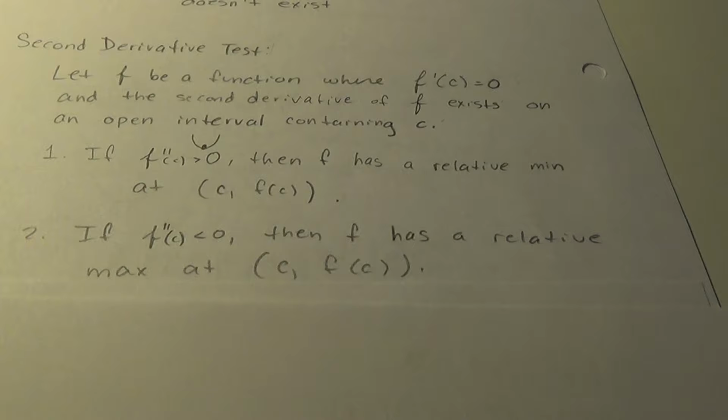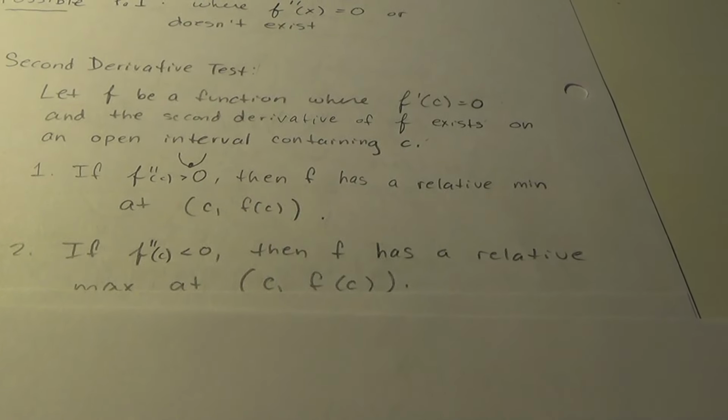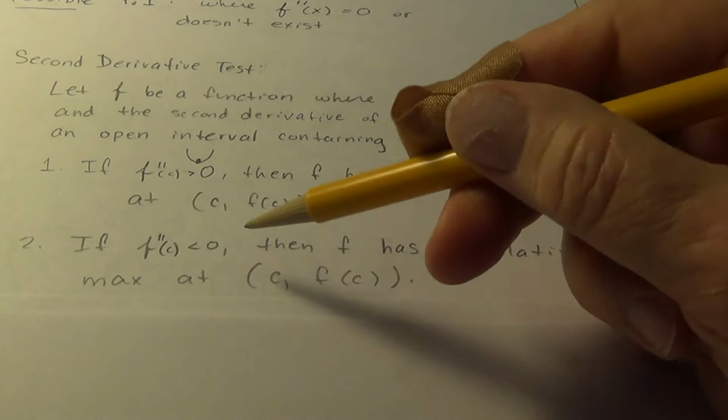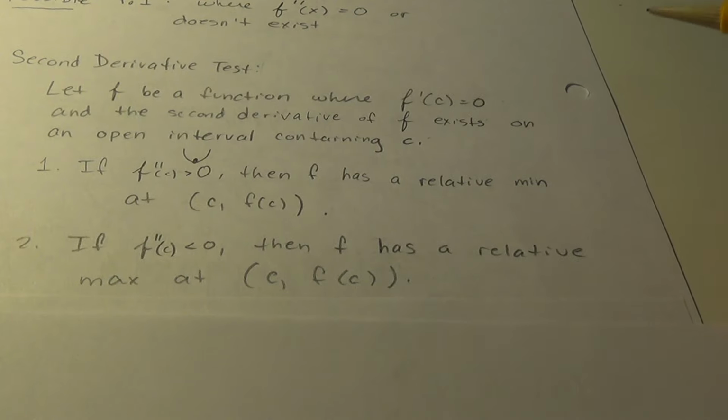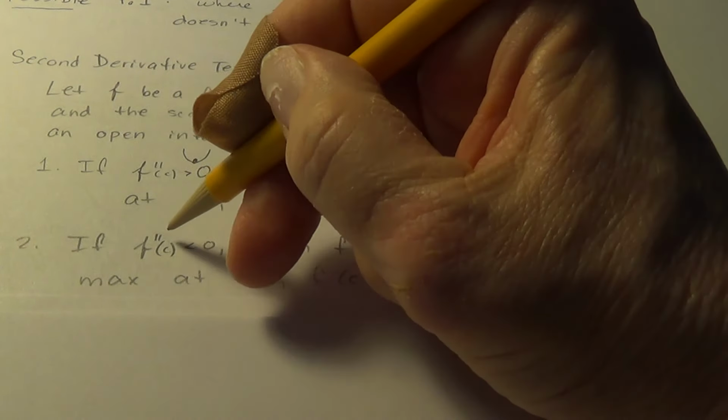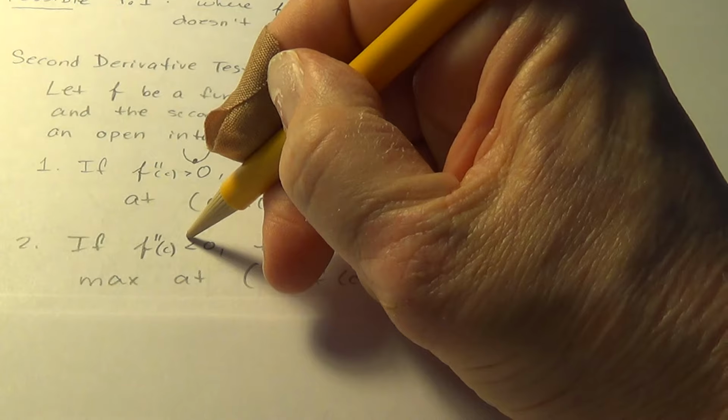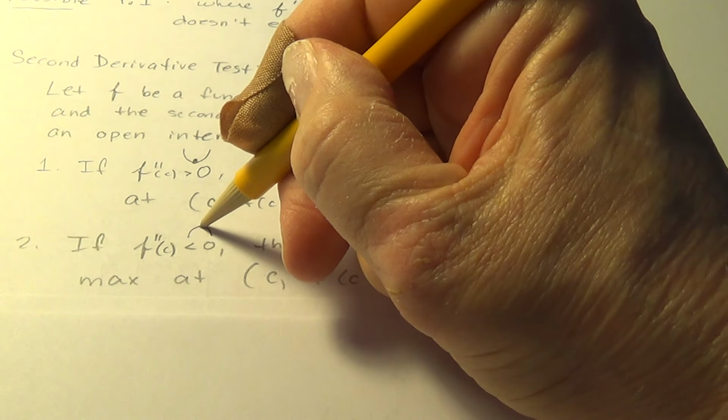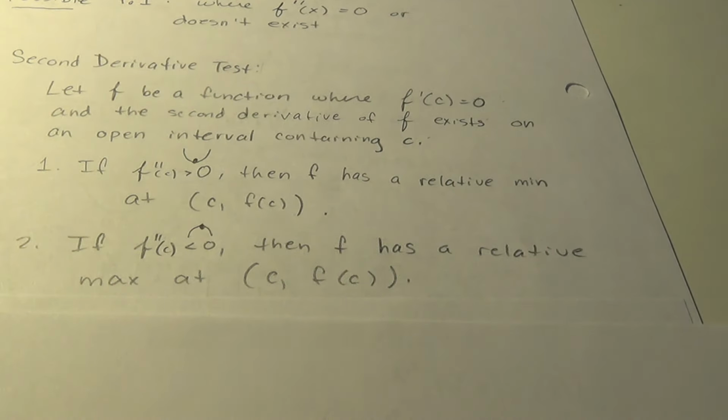And the second part, if the second derivative is negative, less than 0, then f has a relative max, because we know second derivatives that are negative are frowning, so they have maximum points.